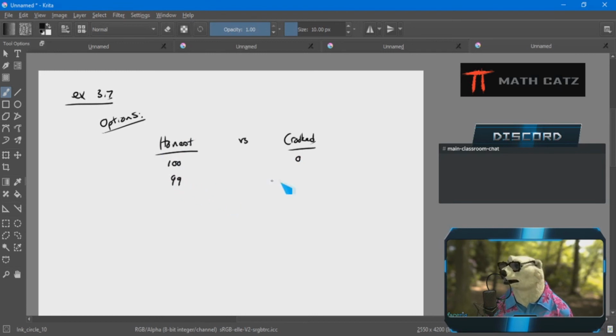Or I can have 99 and 1, 98 and 2. And slowly it shifts over. I am just going to use some dots. I don't want to list them all. Maybe let's go 3 and 97, 2 and 98, 1 and 99, 0 and 100.